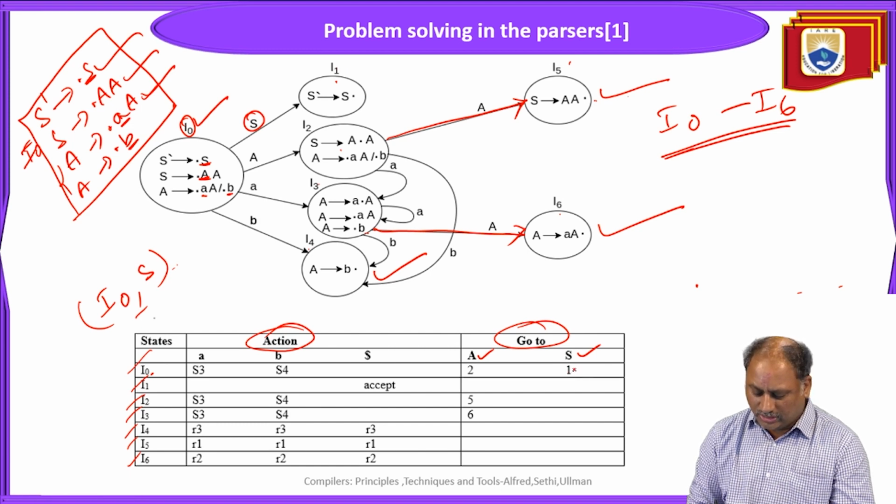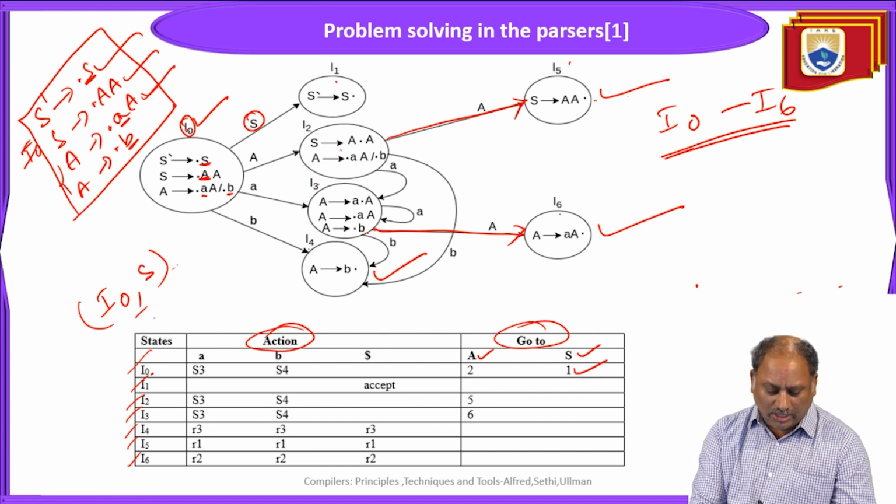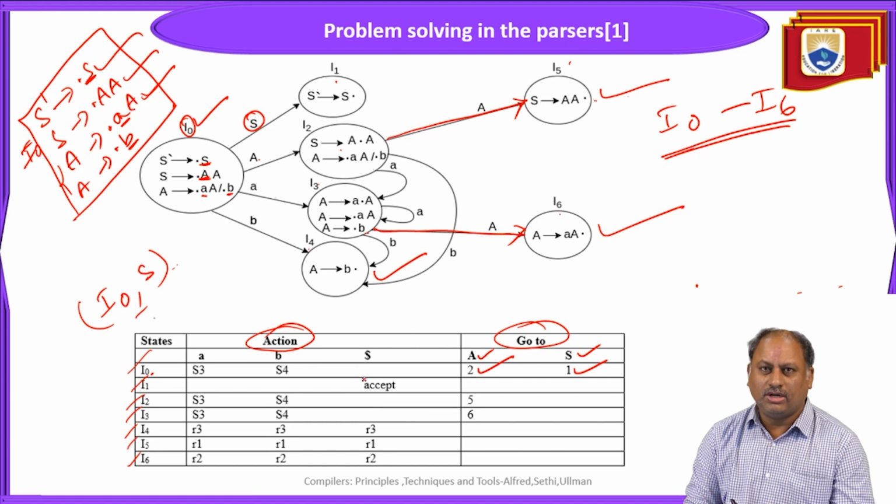So that's why I have written it as 1. And I naught is the state, and with capital A closure we are reaching the state I2. This number indicates the state that is to be reached, that is the goto, and where the shift is to be performed.